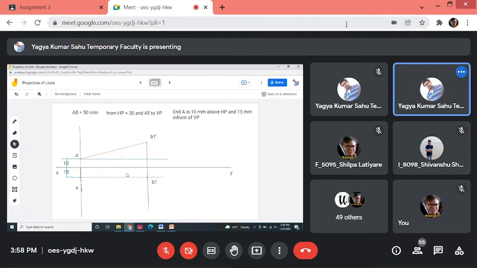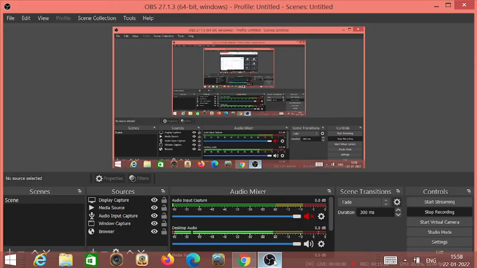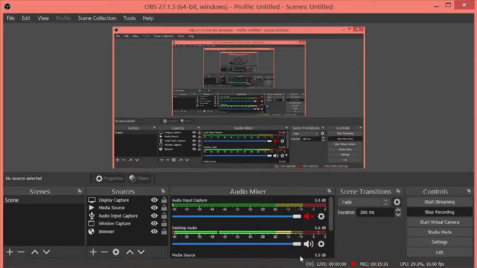Okay, so this is the case when line is parallel to HP and inclined to HP and parallel to VP. We are considering inclination theta only. Okay, this is theta, 30 डिग्री. हमने एज्यूम किया लाइन को हॉरिजॉन्टल प्लेन के इंक्लाइंड और वर्टिकल प्लेन के पैरेलल.